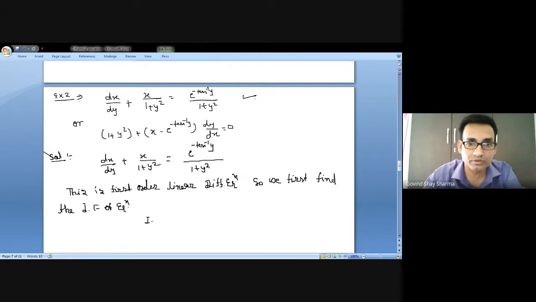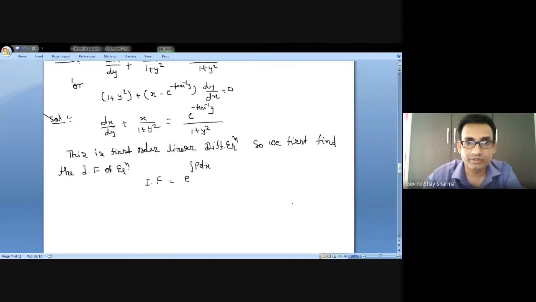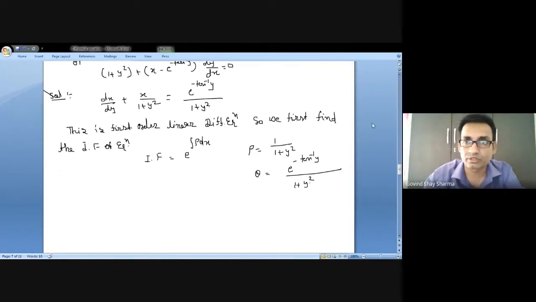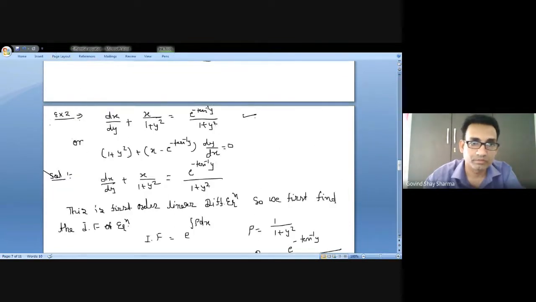IF is equal to e to power integration of P dy. Okay, we know this. Here P is equal to 1 upon 1 plus y square, and Q is equal to e to power minus tan inverse y upon 1 plus y square. This is a very important example for the exam pattern.